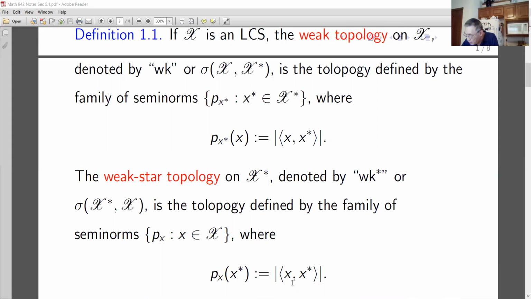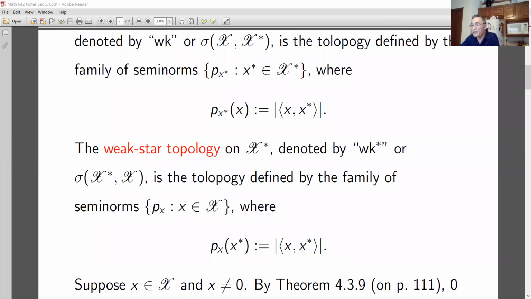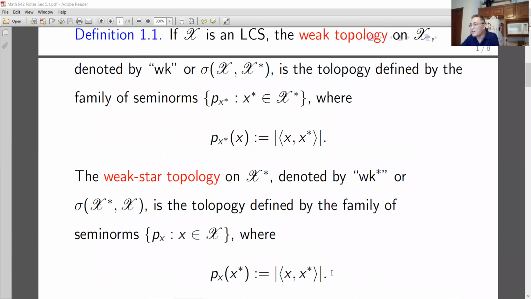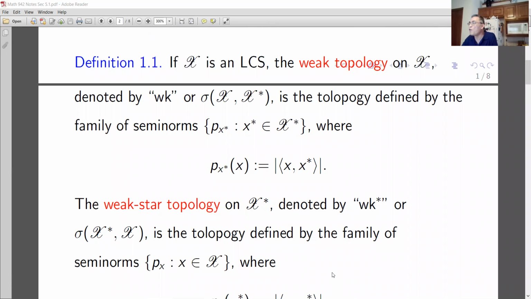Right? In the inner product notation ⟨x, x star⟩, then we take absolute value. So this is the definition of weak topology and weak star topology.